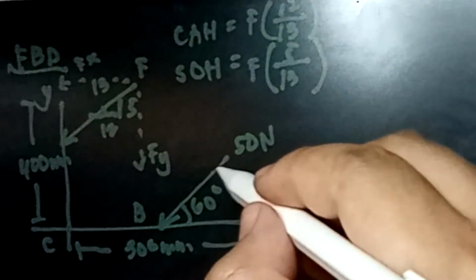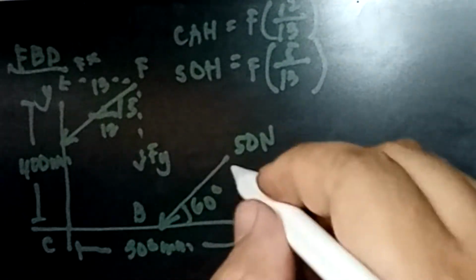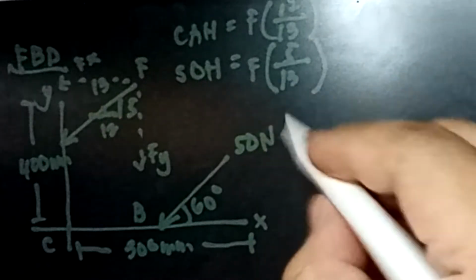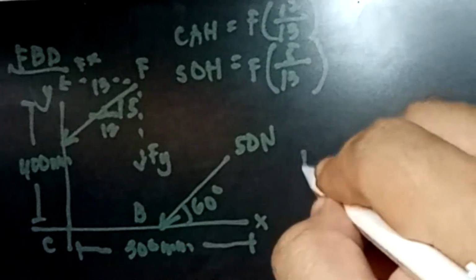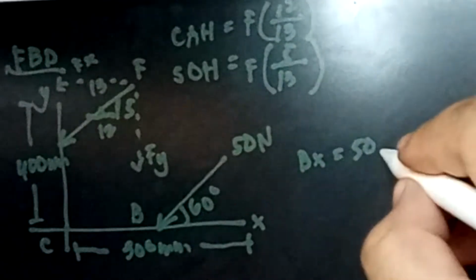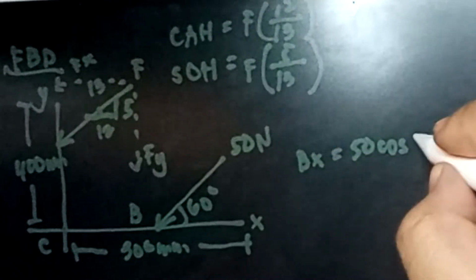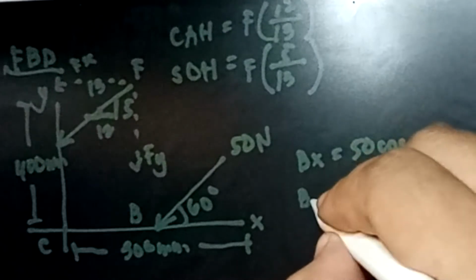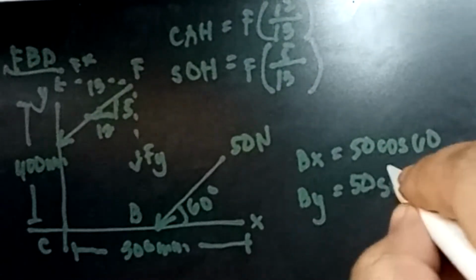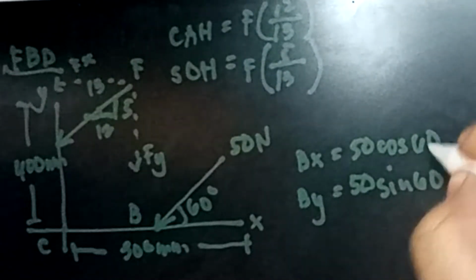Next, ito naman yung ating force B na 50 Newton. So, same lang din, gagamit tayo ng sine and cosine. So, 50, yung ating Bx, 50 cosine 60 degrees. By is 50 sine 60 degrees.